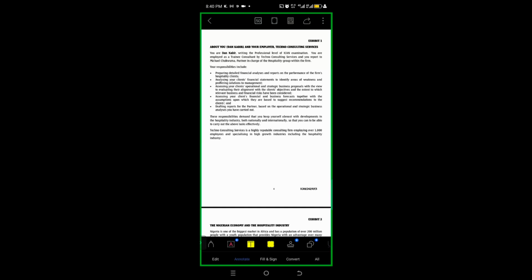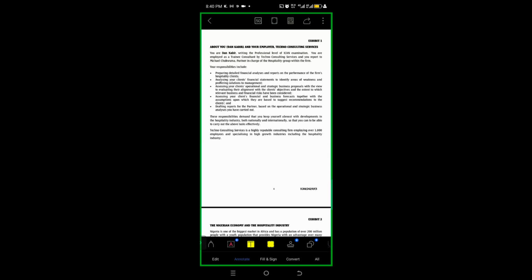Then assessing your client's financial and business forecast. So forecasts are more like the estimate that they have made based on their past performance. So look at the forecast and look at the assumption upon which the forecast have been based, right? So that you can make recommendation.